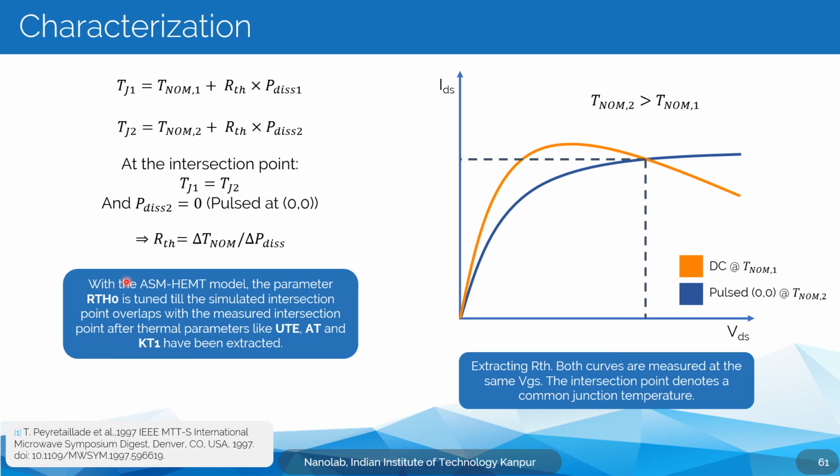The CTH0 can be extracted using the transient simulations. If you have a pulsed transient, then the decay time of that pulsed transient will give you the CTH0, and you can simply use ASM to simulate a pulse, and then you have a measured pulse, and then again just tune CTH0 so that the two pulses overlap.